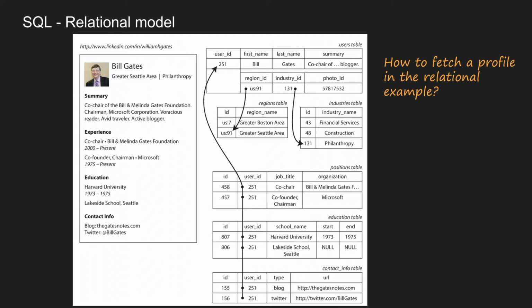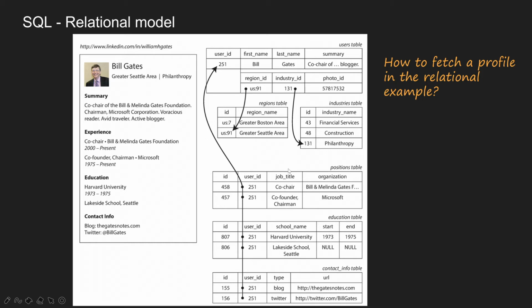How do we fetch a profile in the relational example? We can perform multiple queries. For each table, we query by user ID. We use this user ID to fetch the user's basic information, and use user ID to fetch position, education, and contact information.